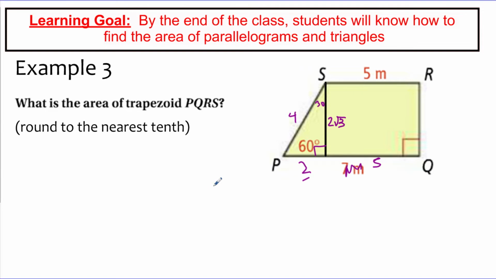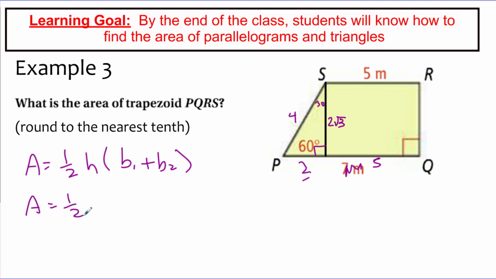Again, I can use the irregular shapes and add together the triangle and the rectangle, or I can use the trapezoid formula. Let's do the trapezoid formula because we're focusing on those. I'm going to use 1/2 the height times the sum of the bases. So this looks like 1/2, my height is 2 times the square root of 3, and my bases are the 7 on the bottom and the 5 on the top, so 7 plus 5.